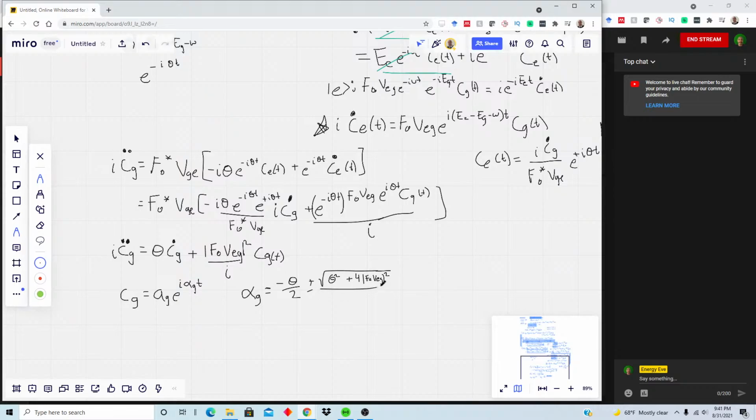Then all this is over 2 as well. And so this is definitely like the quadratic equation.